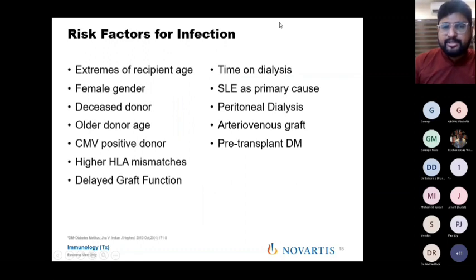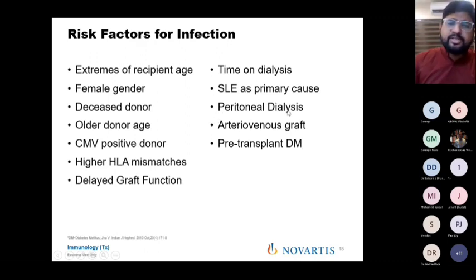For example, some of the most studied risk factors are extremes of recipient age, female gender, deceased donor transplantation, older donor age, CMV positive donor, higher HLA mismatches, delayed graft function, or patients who have primary diseases like SLE or diabetes mellitus pre-transplant, and patients who have got catheters and grafts in place.